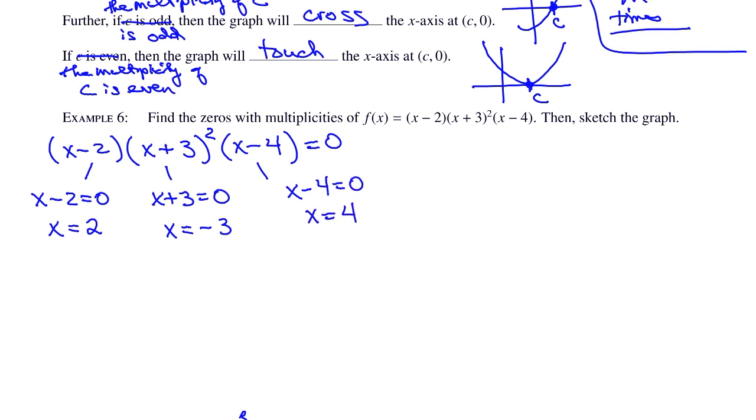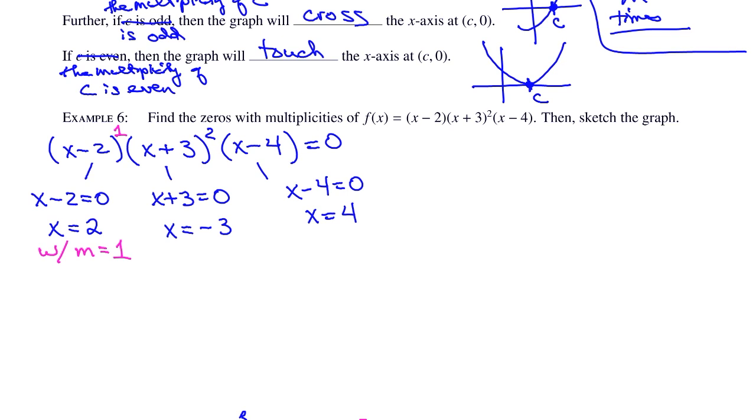Now what are the multiplicities for each of these? Well, we go back and we look at the powers. The first one was x minus 2 to the first power. So this root, x equals 2, has multiplicity equal to 1. And we'll usually use this shorthand notation where m is representing the multiplicity. So m equals 1 for that one means that the multiplicity of the root x equals 2 is 1.